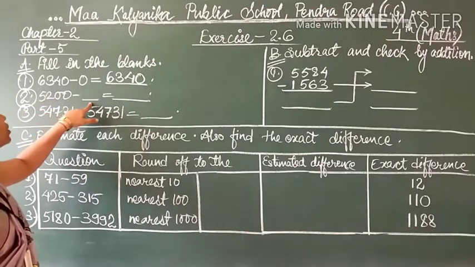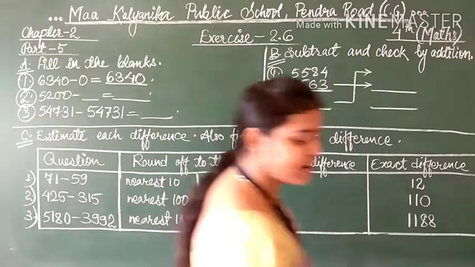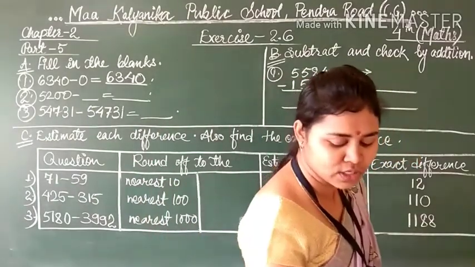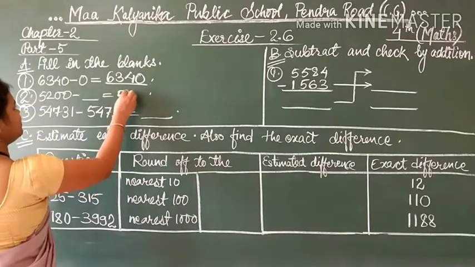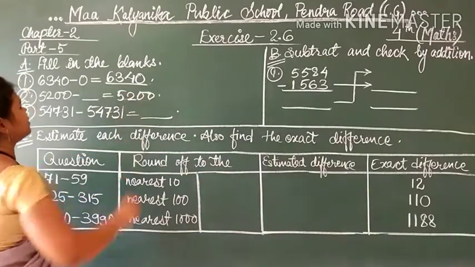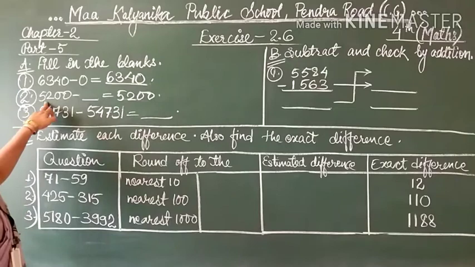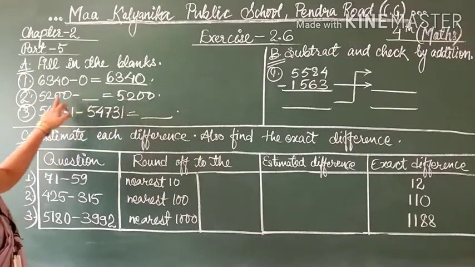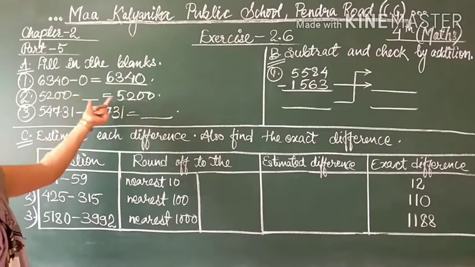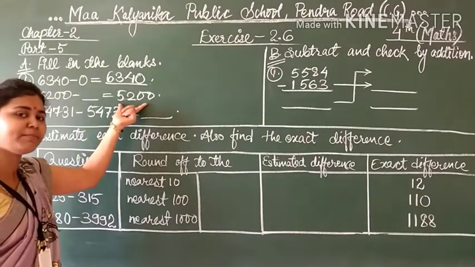So now question number 2. 5200 minus dash is given in question number 2. Answer given here is 5200. So 5200 minus dash is equal to 5200. Question is same. Minus what should be done so that answer will be the same number?